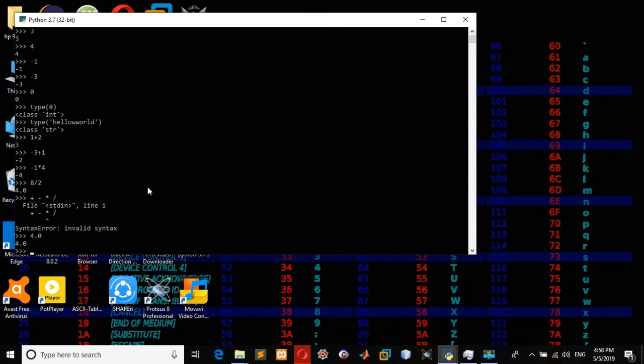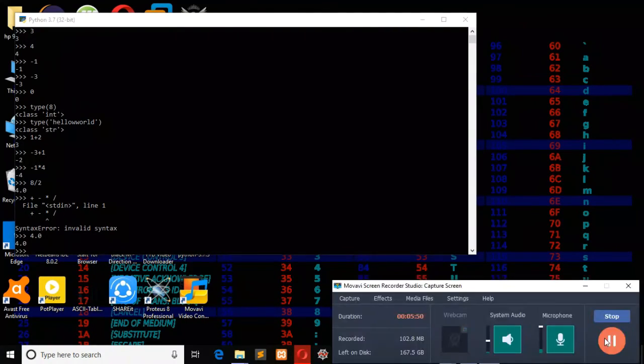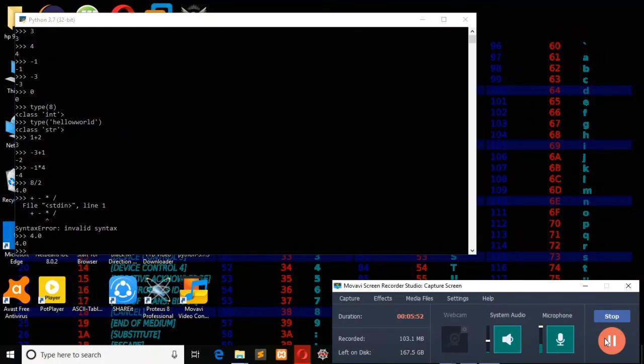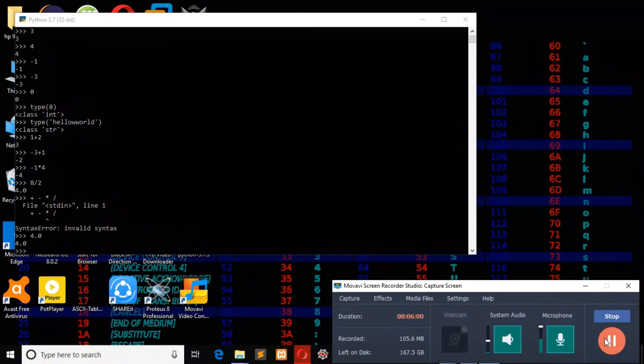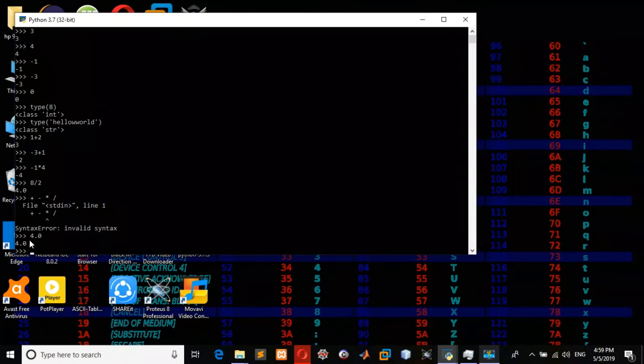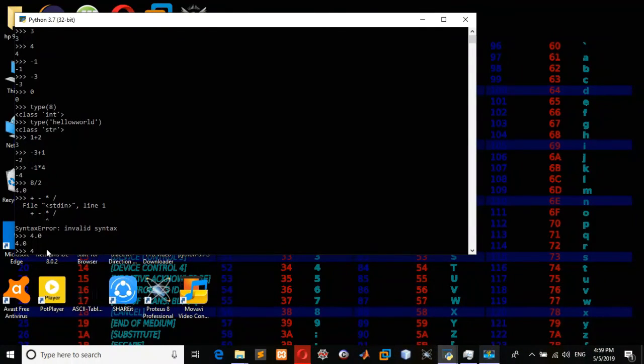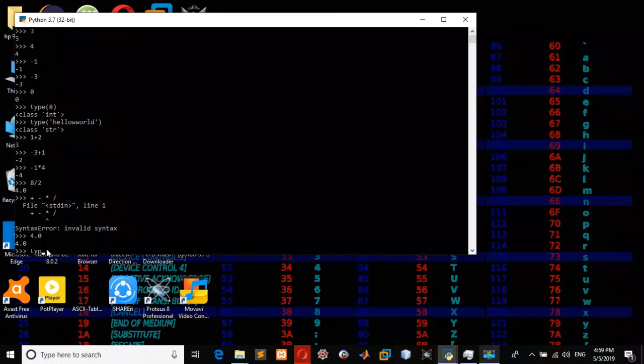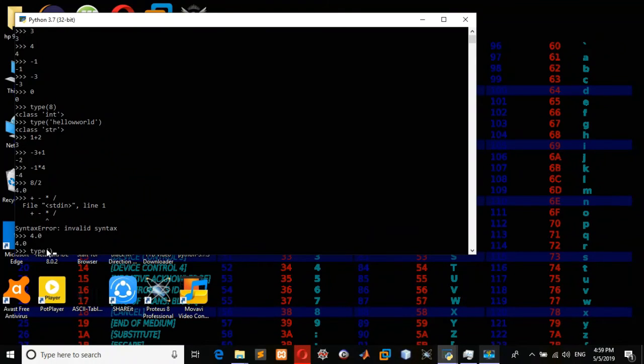And to know the type of a data value, like I said before, we can use the type function. Now to see the difference between 4 and 4.0, we are going to use the type function. So I say type in brackets 4.